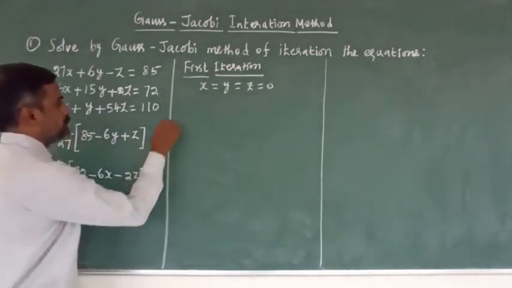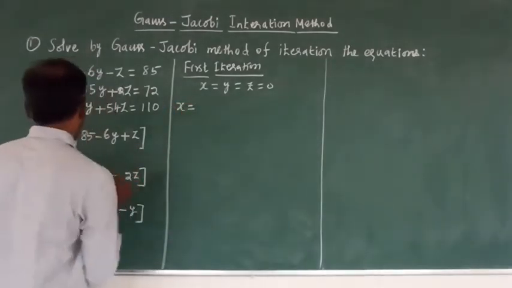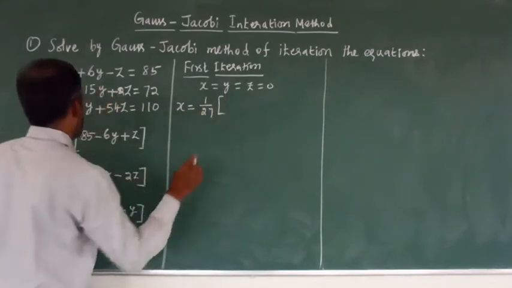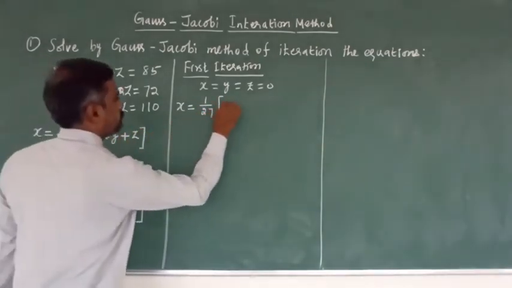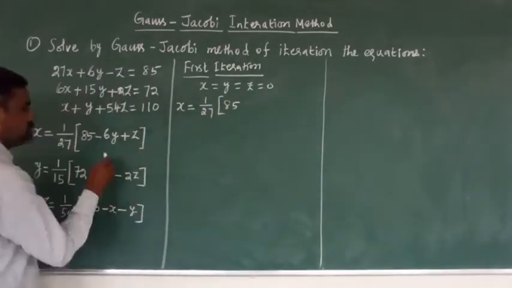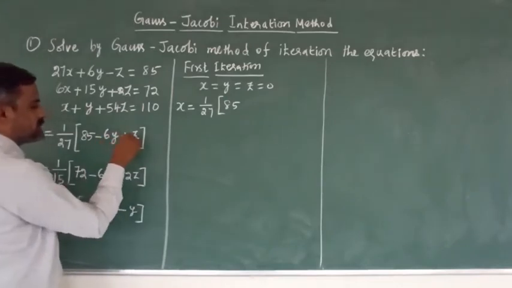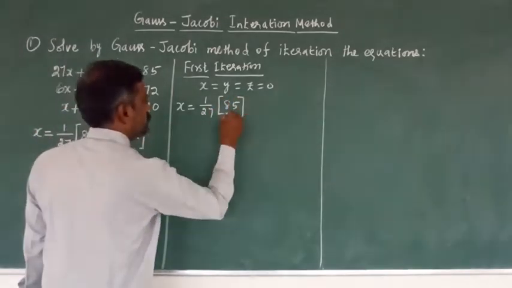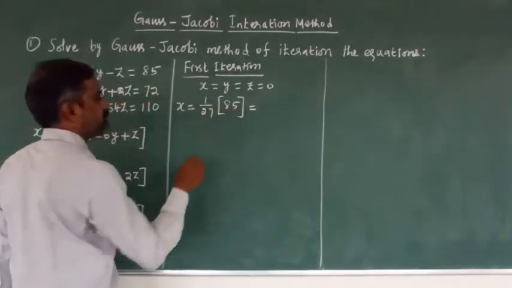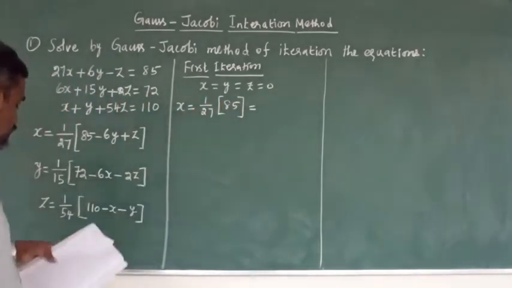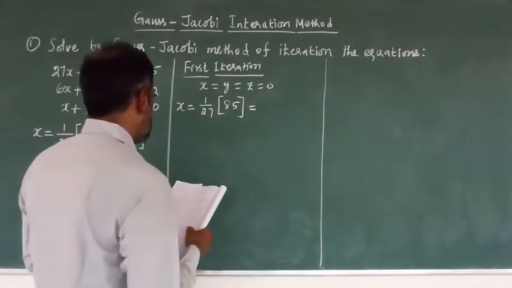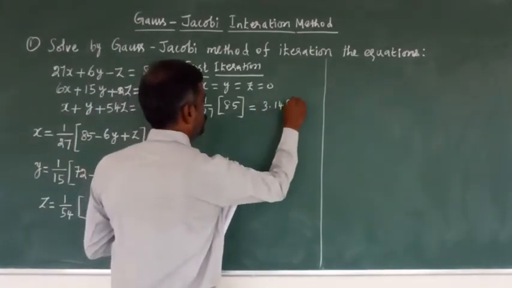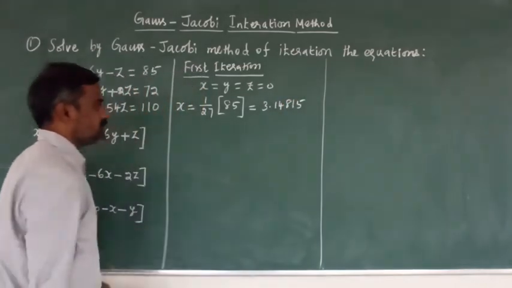Here x = 1/27 (85). Since the y value and z value are 0, all those terms are 0. Now 85 divided by 27 gives 3.14815.